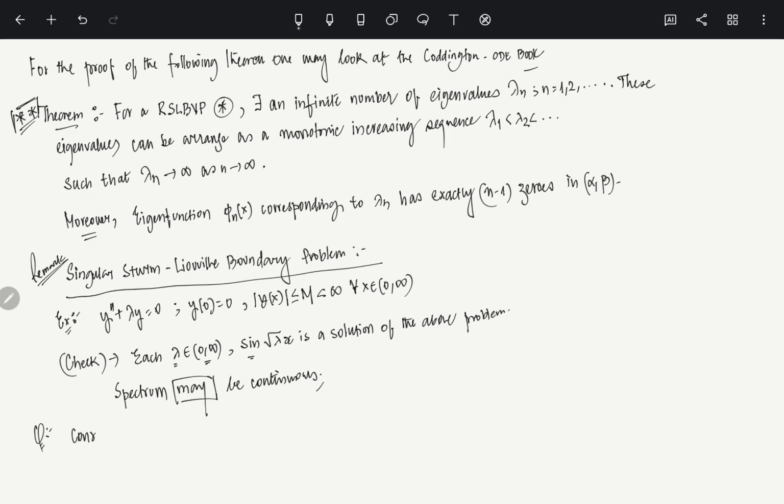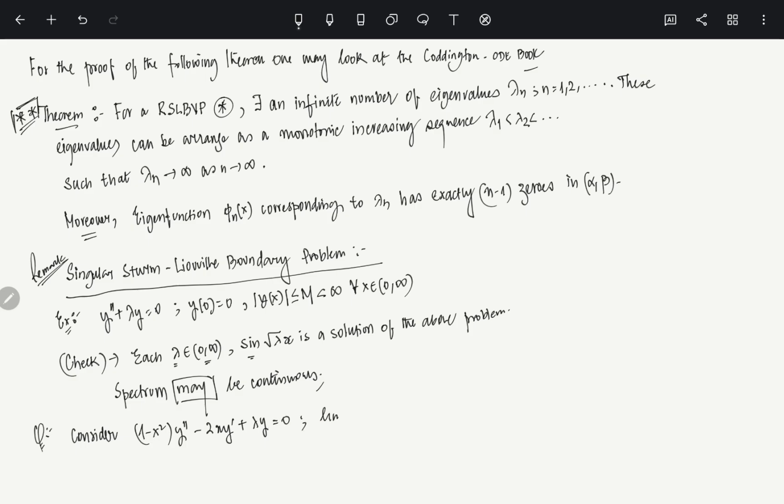Consider (1 minus x squared) y double prime minus 2x y prime plus lambda y equals 0.